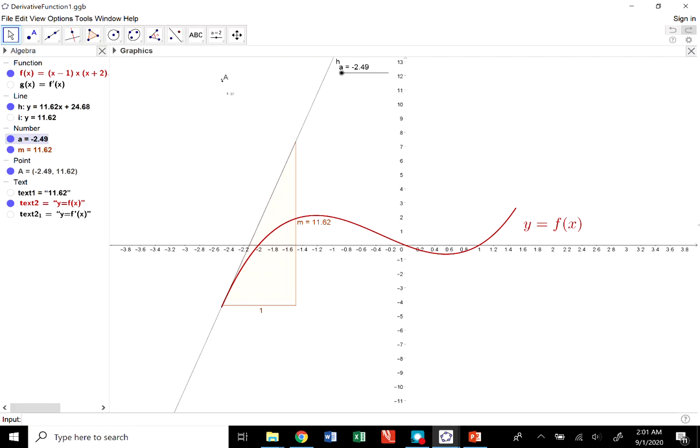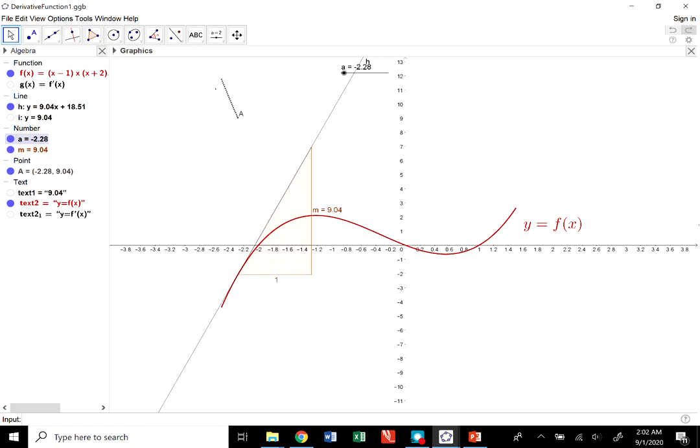So there is another point, and I keep doing this. I keep changing the point at which I'm drawing the tangent, and each time I'm figuring out the slope of the tangent. And with those y values, which would be the slopes, I'm drawing a whole bunch of points, which is what you are seeing.